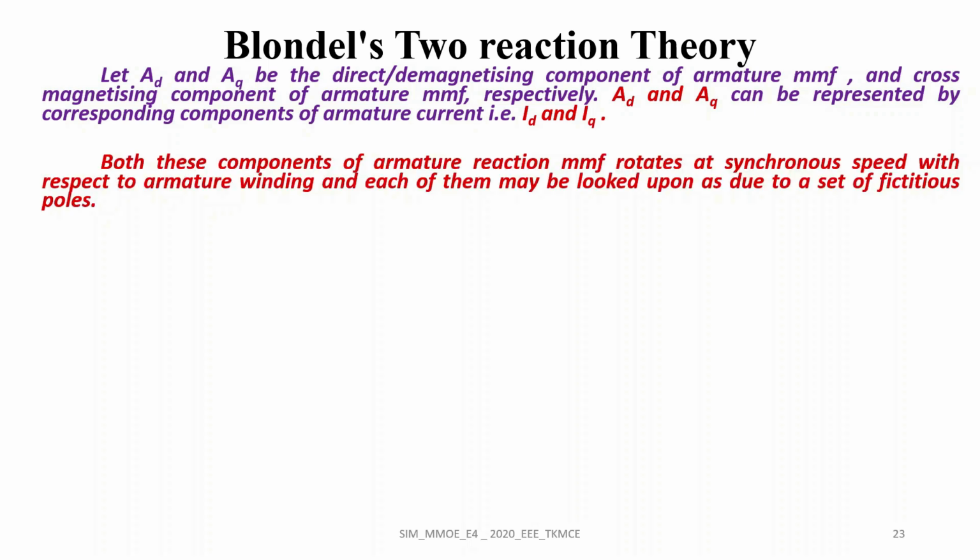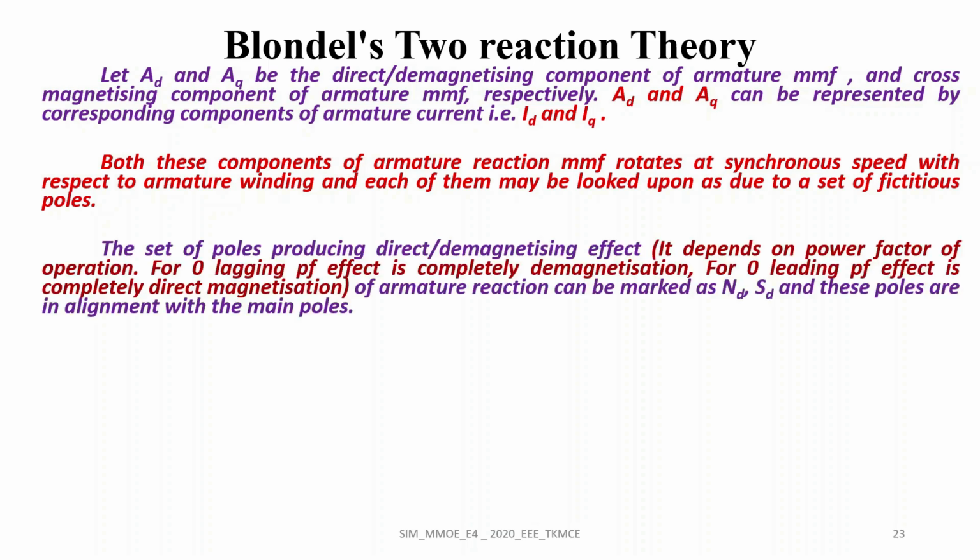Both these components of armature reaction EMF rotate at synchronous speed with respect to the armature winding, and each of them may be looked upon as due to a set of fictitious poles. The set of poles producing the direct magnetization or demagnetization effect of armature reaction can be marked as ND and SD, and these poles are in alignment with the main pole.